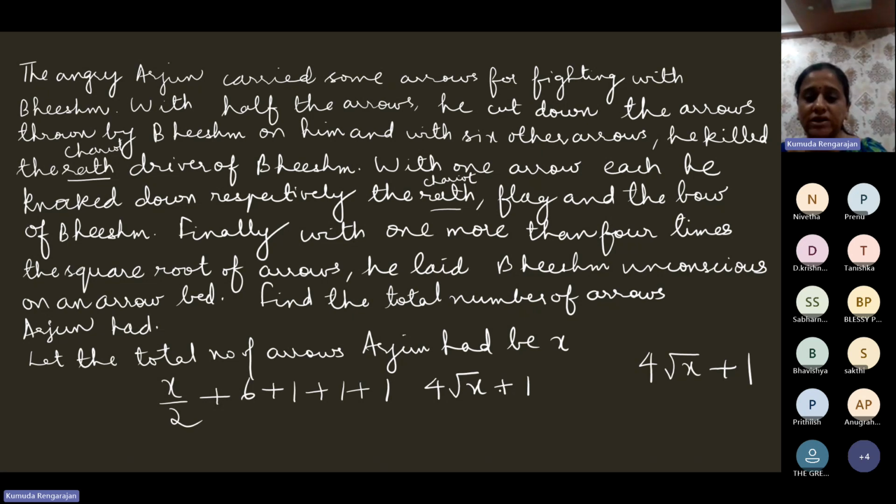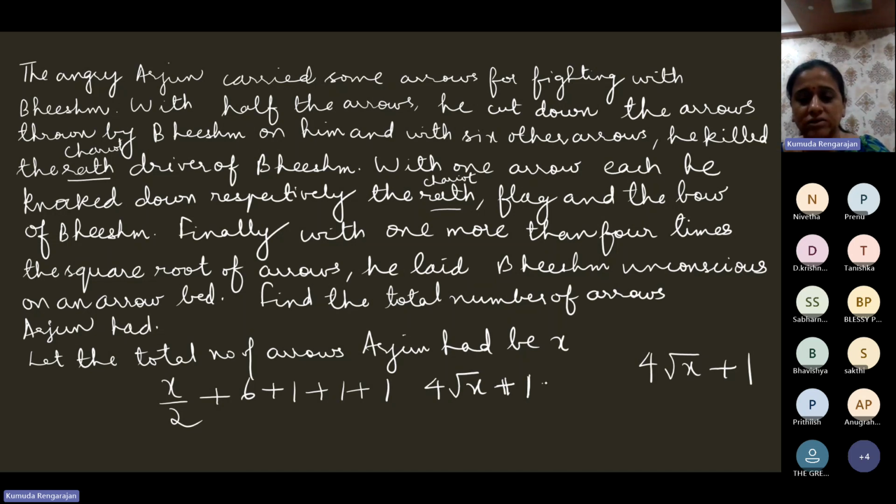He laid Bhishma unconscious on an arrow bed. So like this, he uses all his arrows to defeat Bhishma and finally lay Bhishma on an arrow bed. So he's now used all the arrows. Find the total number of arrows Arjun had.